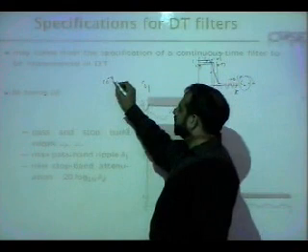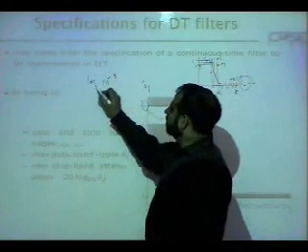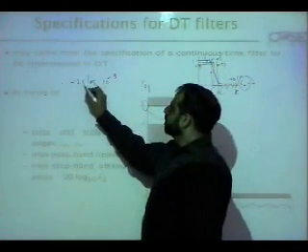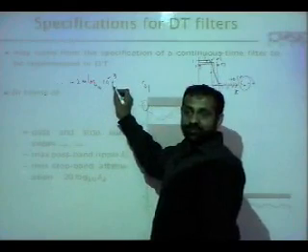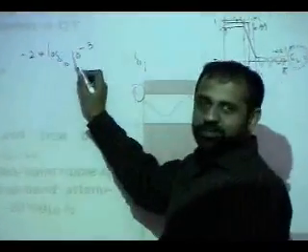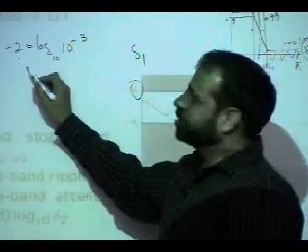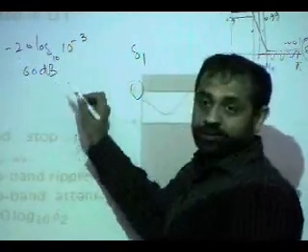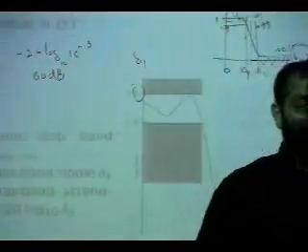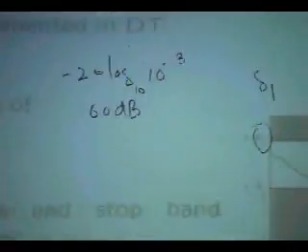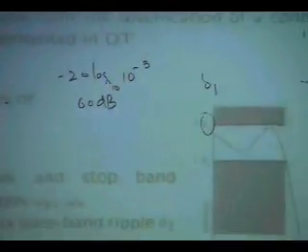For example, 0.001 is 10 raised to the power minus 3. So log base 10 of this is minus 3. So minus 3 times minus 20 is 60. So 60 dB of attenuation is equivalent to divided by 1000.